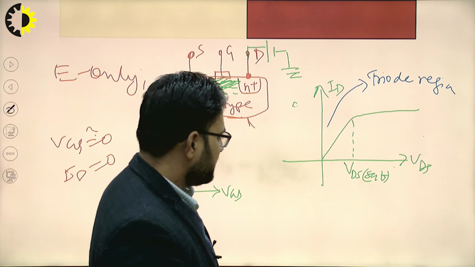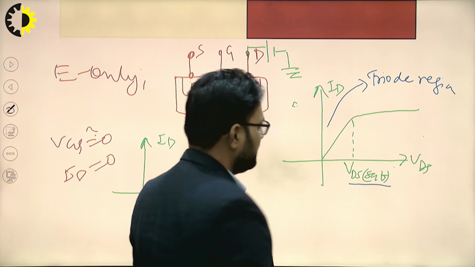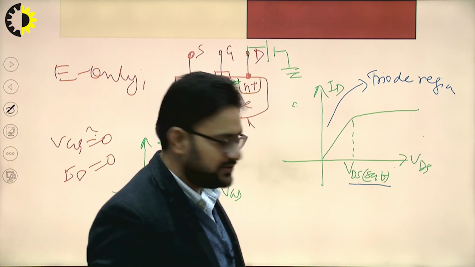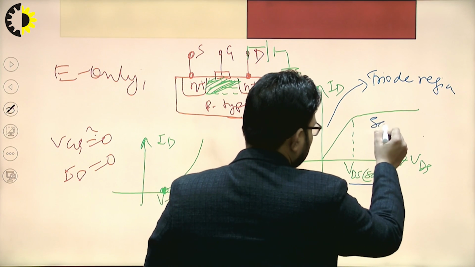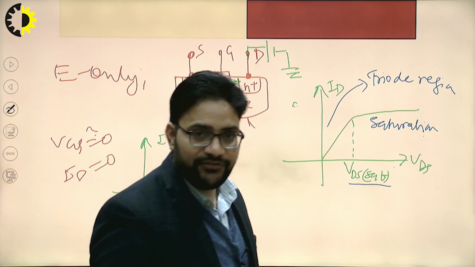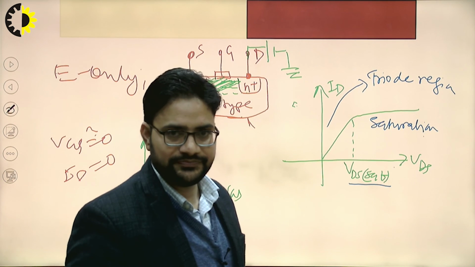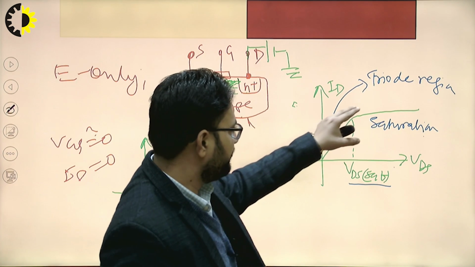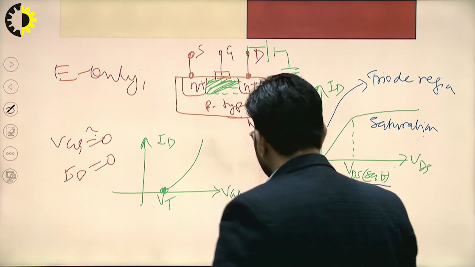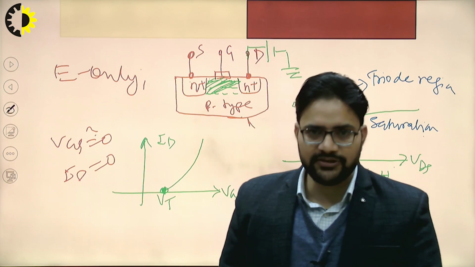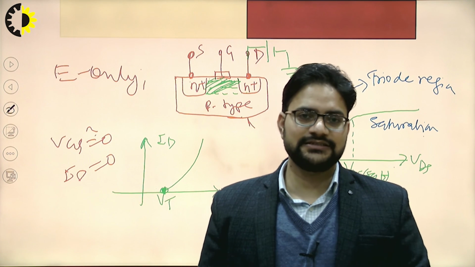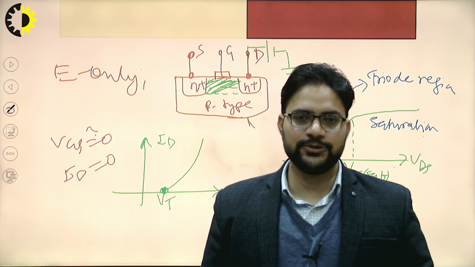After that, after VDS saturation, this drain current is a constant value. This region is called the saturation region. So the MOSFET will work as an amplifier in this saturation mode only, right? It will not work in the triode region, right? So we will have different values of drain current for the triode as well as saturation region, right? So we will discuss this in the next video lecture. Thank you all of you. Thank you.